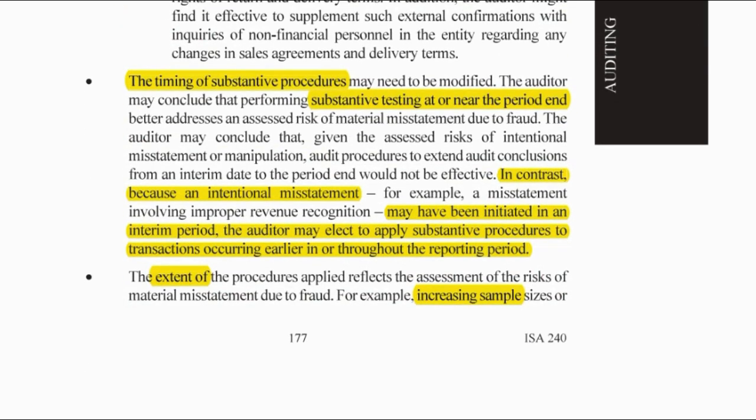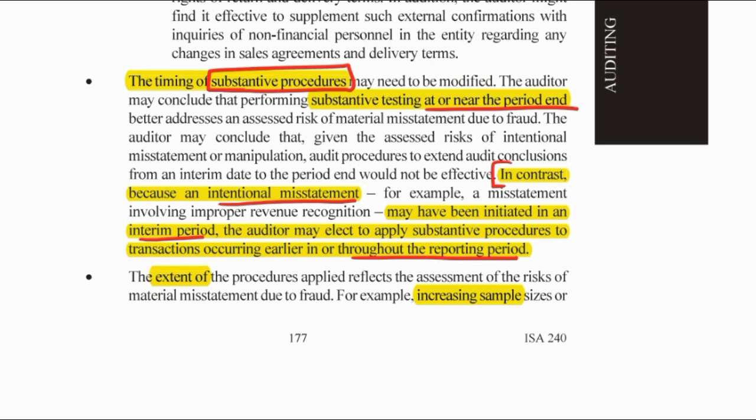So substantive approach. My timing of substantive procedures, if you haven't actually now concluded that you're choosing a substantive approach, you can see it over here, doing it more at year end. In contrast, it does, however, say that because it's intentional misstatements, they may have been initiated at an interim period, so you may actually want to come through earlier to pick it up.